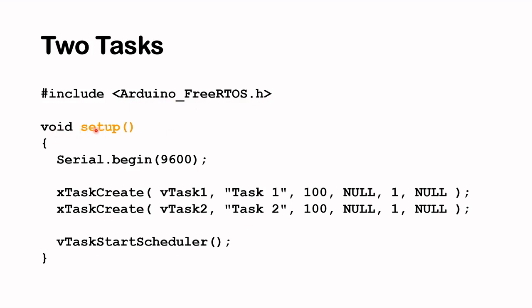Now in the void setup function, I have the Serial.begin function as in the previous example, because I'm going to send out a couple of messages now to the serial terminal. The baud rate I've chosen again is 9600, and then this is followed by these two xTaskCreate functions, and then followed by the vTaskStartScheduler function.